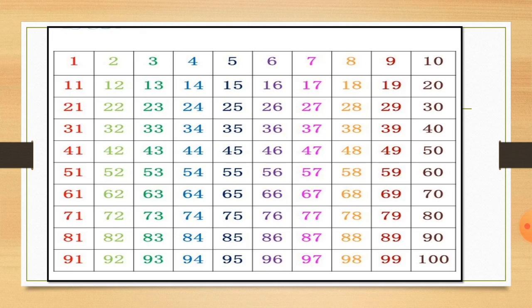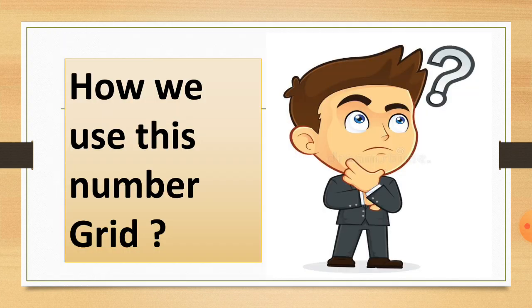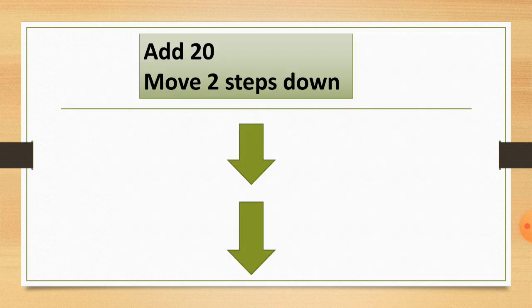Let's see, students, how we use the number grid with 20 and with 30. We have seen how to add or subtract 10 on the grid, but now we will see how to add or subtract 20 or 30. Here is the topic: add 20 numbers.